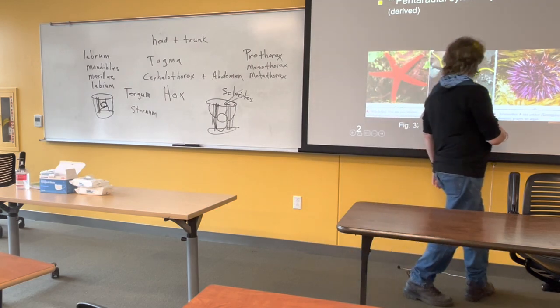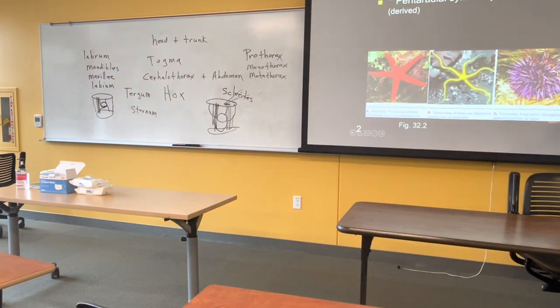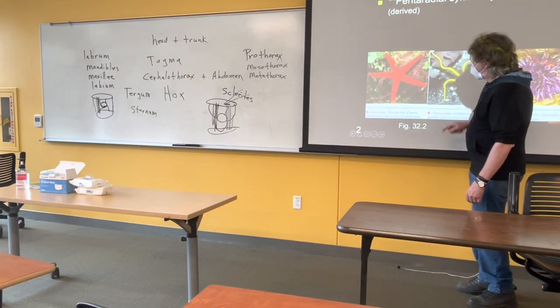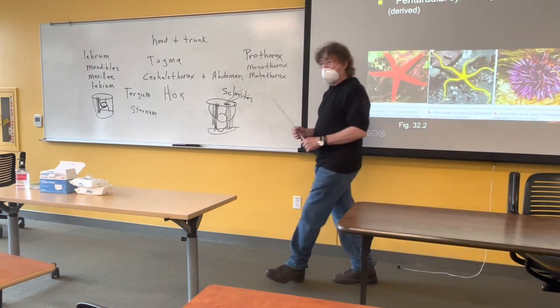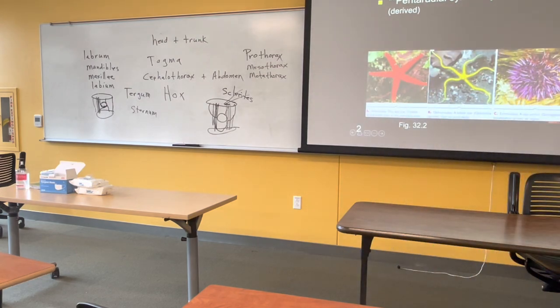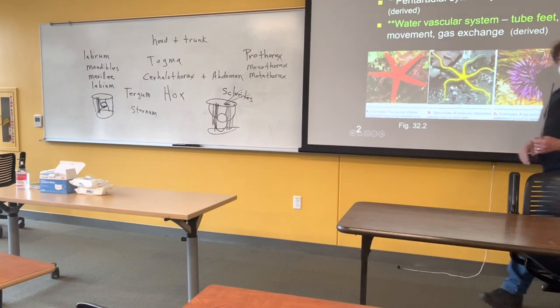For example, in the brittle star, there are 5 planes of symmetry. You can cut it like that, and so forth. There's 5 different sections that will give symmetry. So that's a secondary condition. They have a complete digestive system.